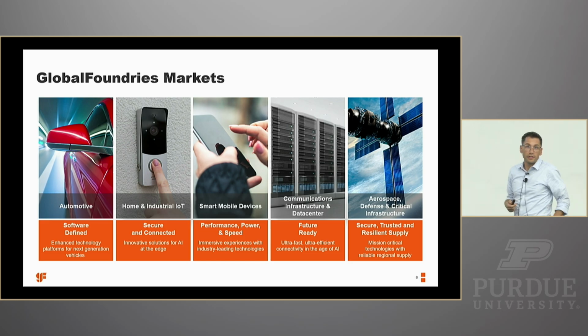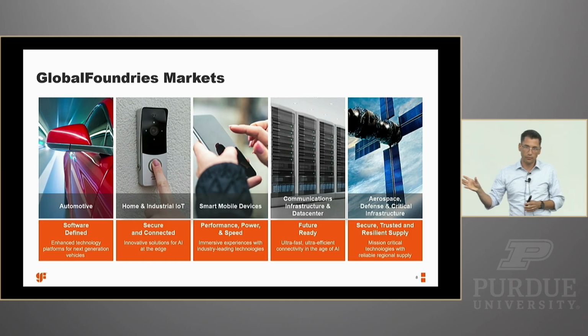In terms of the markets that GlobalFoundries is involved in, some examples, or a sampling of these, is automotive. So we're involved in the automotive industry, automotive chips, home industrial IoT, so internet AI at the edge. I'll talk a minute about some of the technologies we have and such. Smart mobile devices.